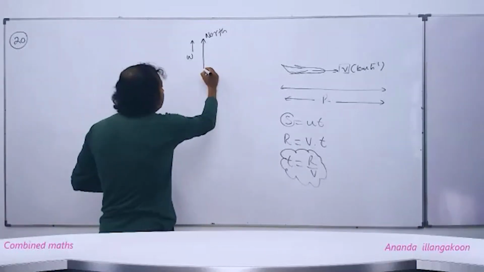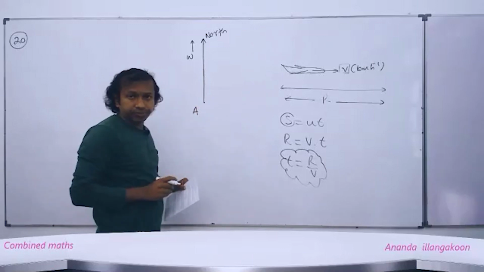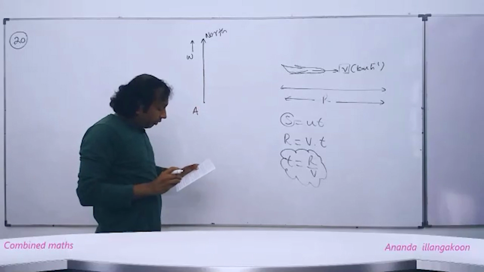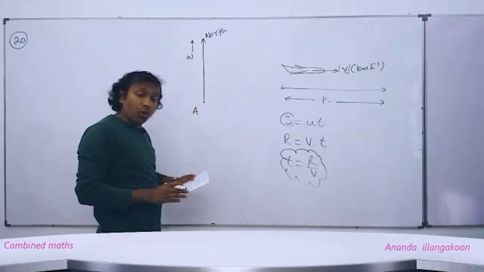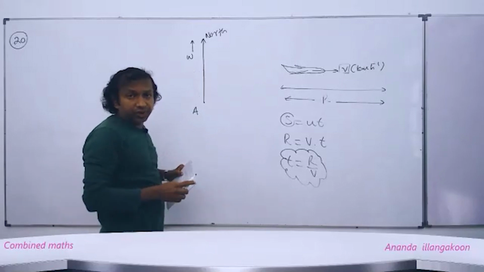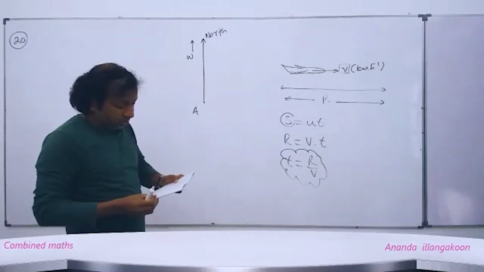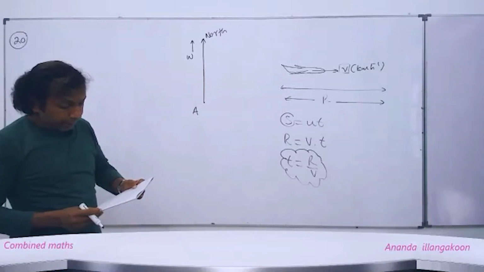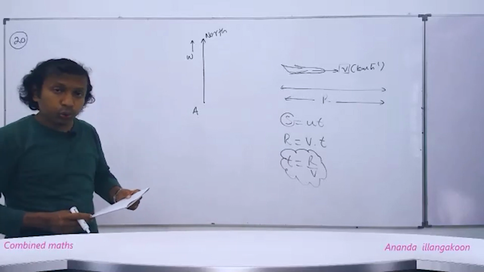There is a city A here. Then another city B, situated how? Which is situated at an angle theta west from north. Therefore, facing the direction of north, we have to turn towards west by an angle theta.